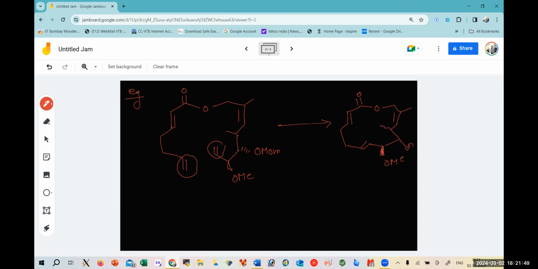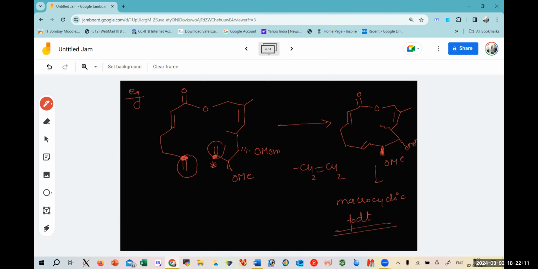And there was a protecting group. So here you can see if I mark it as a dot and this as a star, the side product would be your CH2 double bond CH2 and this ring has been closed. So this is your macrocyclic product.